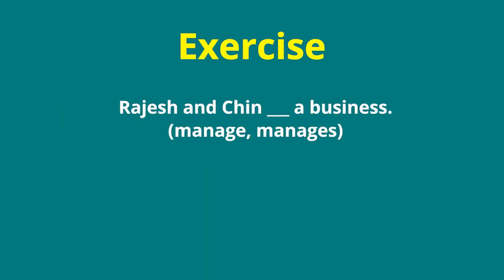Number 3, Rajesh and Chin something a business. Manage or manages? Definitely, Rajesh and Chin is a compound subject, and therefore it would be best to take the plural verb form, which is manage. So, Rajesh and Chin manage a business would be the correct form of that sentence.